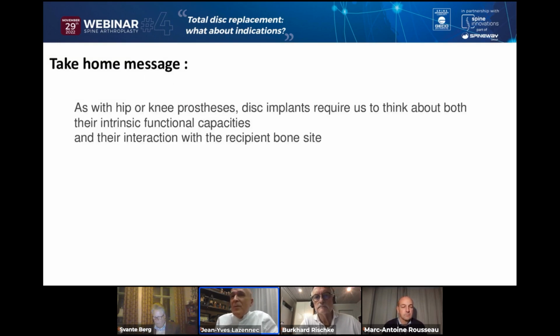So the take-home message: we must be a little bit like hip and knee surgeons. Disc implants require us to think about the intrinsic functional capacity, we know, but also their interaction with the recipient bone side. It does not mean limitation of mobility, but we must be aware of small details making our life much better after. Thank you.